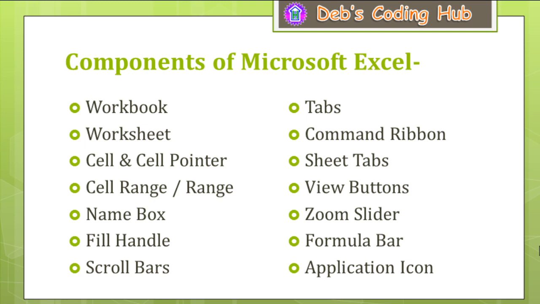So if we don't change the name, it will be book1.xlsx. Worksheet is nothing but the pages in the workbook. Initially, every workbook gives us 3 worksheets, and their name is sheet 1, sheet 2 and sheet 3.